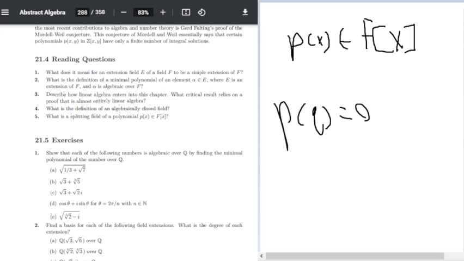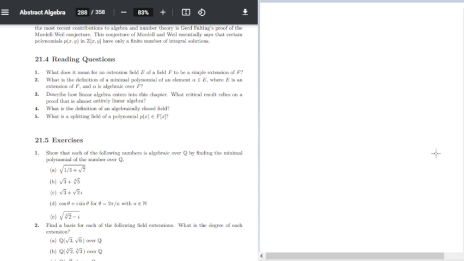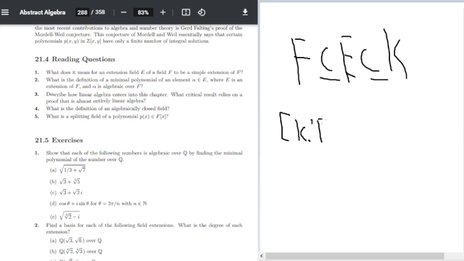Describe how linear algebra enters into this chapter. What critical result relies on a proof that is almost entirely linear algebra? So it's the proof of basically the tower of fields. If the notation they would use is F is a subset of E is a subset of K, we have that the degree of K over F is equal to the degree of K over E, my throat, times the degree of E over F. Oh my gosh, okay.